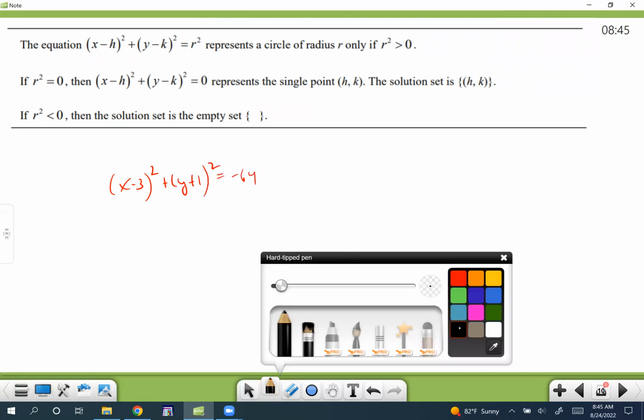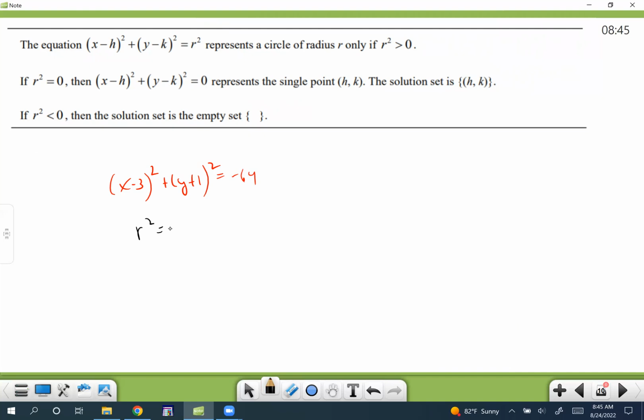Then r squared equals negative 64, and we would square root. I think you can see why this would be problematic, right? This would be imaginary. You can't have an imaginary radius. So if r squared is less than 0, in other words negative, then the solution set is the empty set. That's case 1. So you don't really have a circle there, you guys.